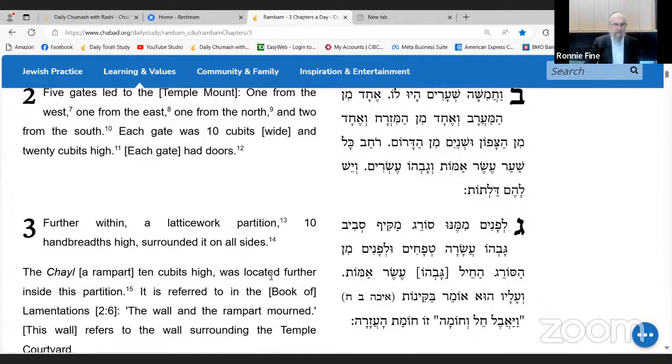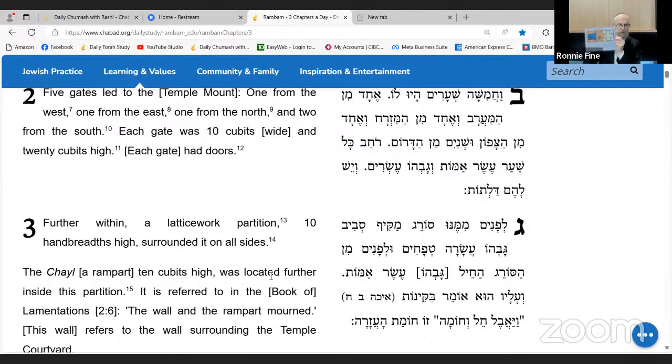The Chayil, right? Here's a lattice over here. Inside here, what we call the Chayil, the rampart, 10 cubits high, was located further inside this partition.